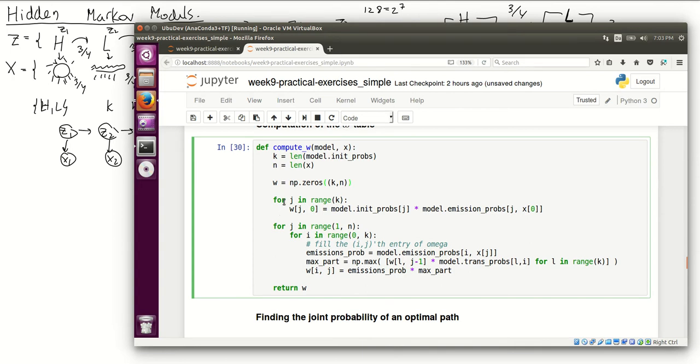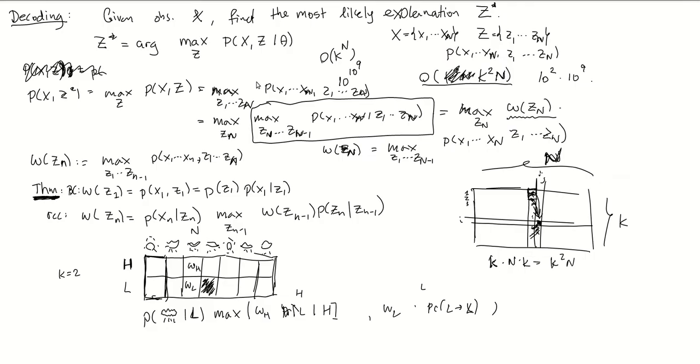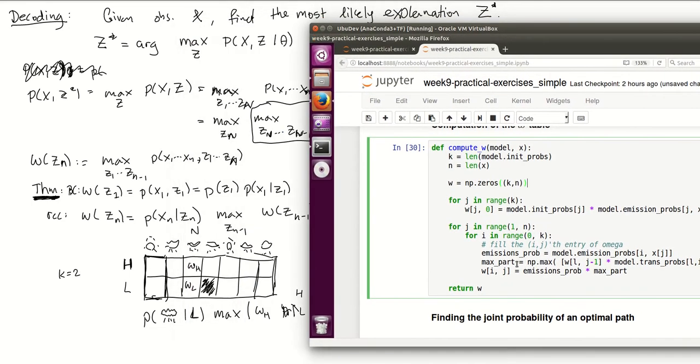So now I'll try to compute the first column. I look at the first column of omega and loop over each hidden state. In this case k would be 2, so I'm looping over these two. I ask: what is the initial probability of starting in state 0?